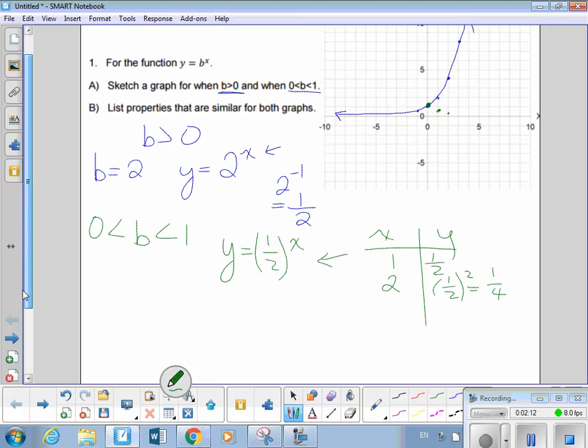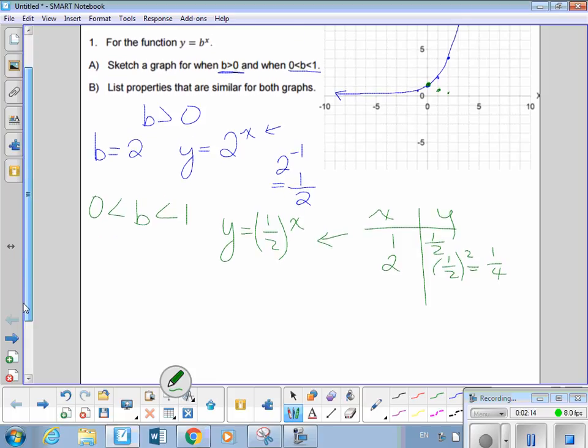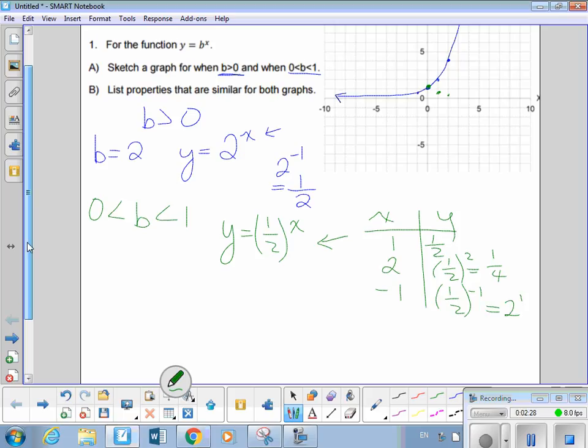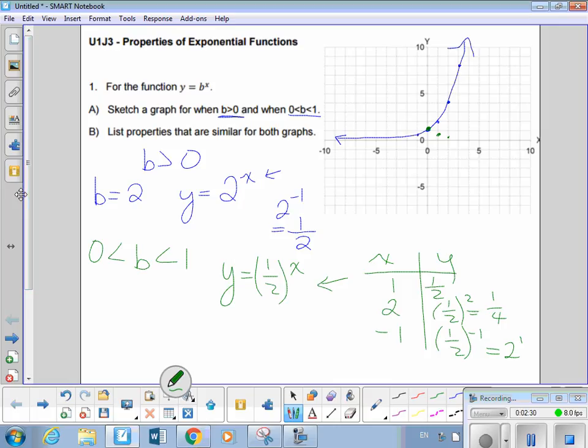Now what happens if I choose negative values? Well, if I choose a -1, I would have 1/2 to the power of -1. Remember, the negative exponent is going to reciprocate the base, so I have 2 to the power of 1. So if I go over on the left-hand side of the y-axis, I end up having it equal 2.